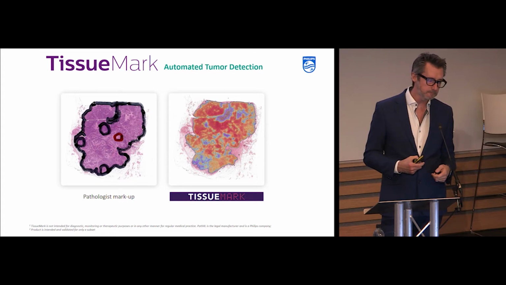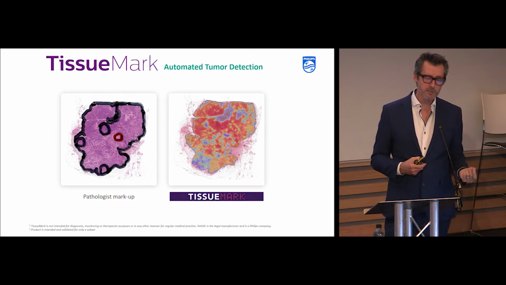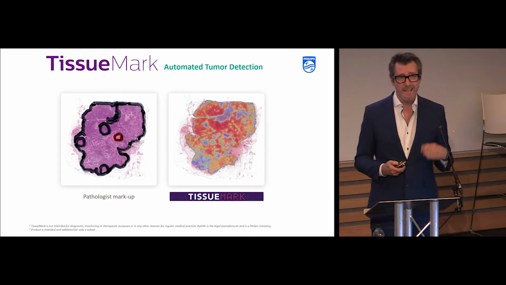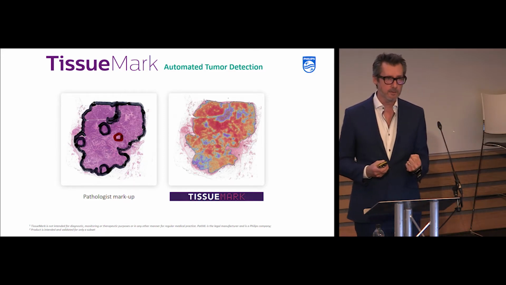I want to give you an example of a solution that we developed within Philips to support the automated markup of H&E tumor samples, called TissueMark. It's designed to automatically mark up samples for molecular macrodissection.